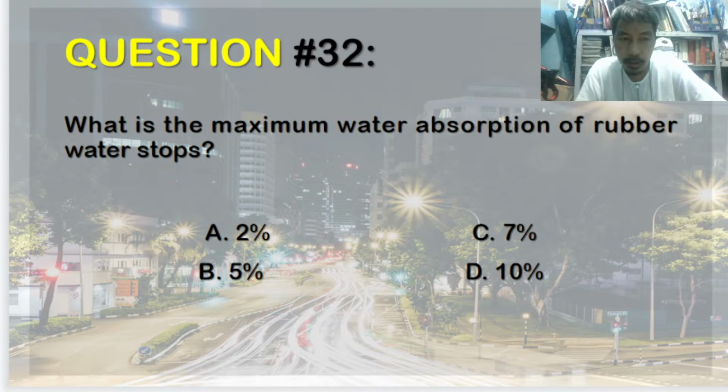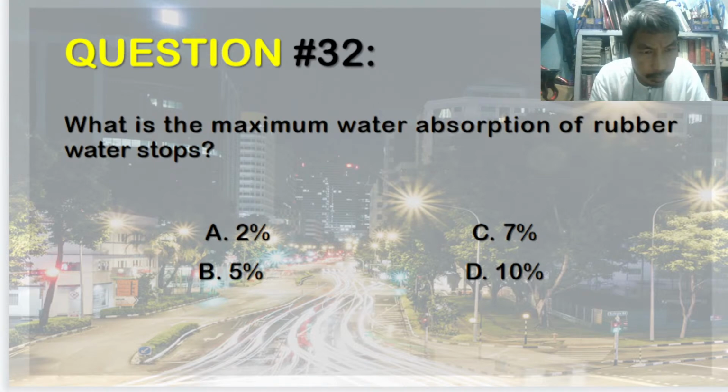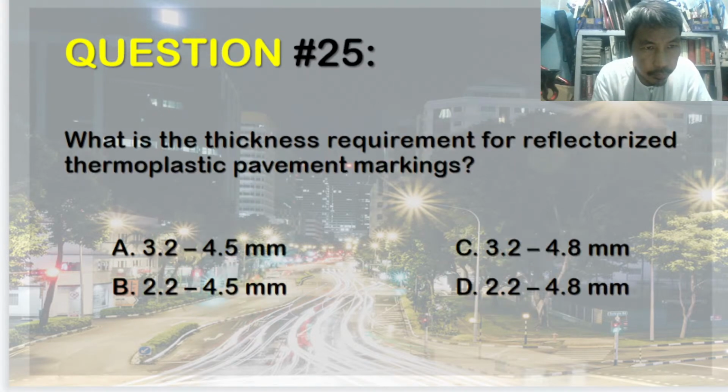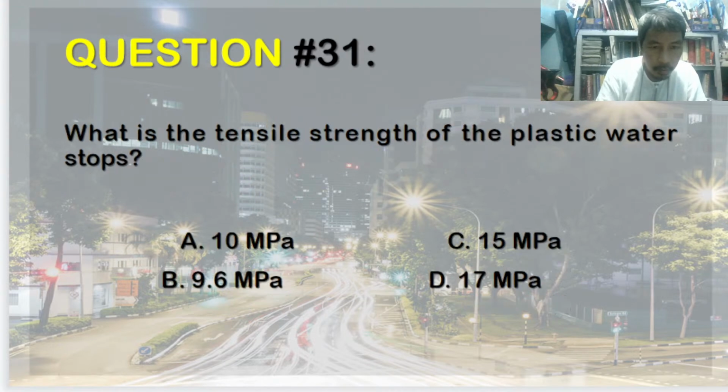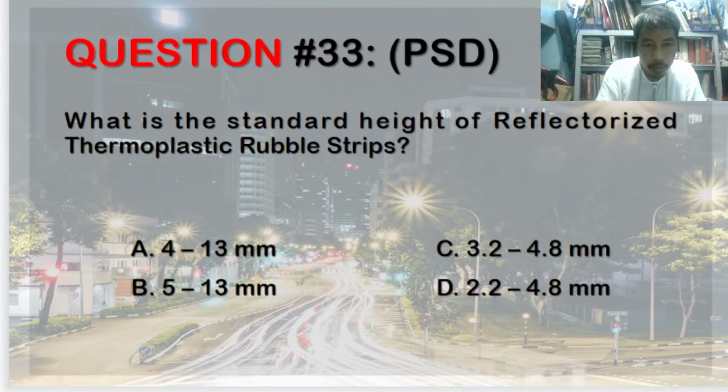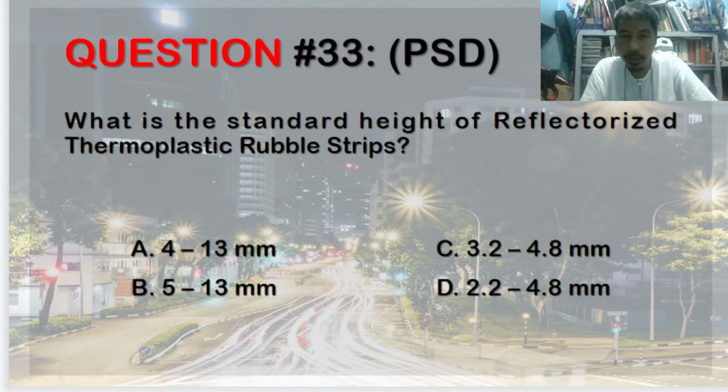A, 2%, B, 5%, C, 7%, D, 10%. Okay? So, okay, next, number 33.